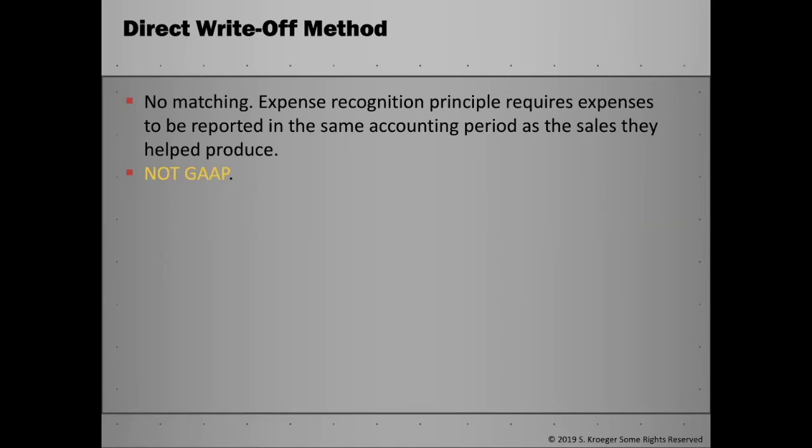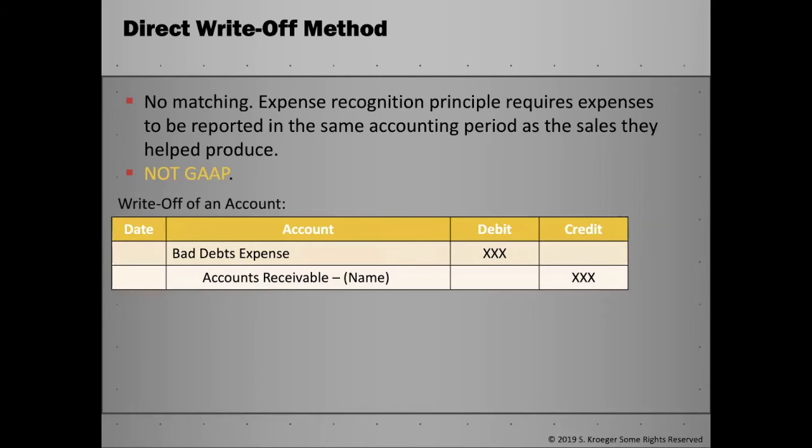I will now show you how to do the journal entries for writing off accounts using the direct write-off method. First is writing off the account. This is when the customer comes in and says, "Hey, I can't pay you." We will expense this amount using bad debt expense, and we will get rid of their account by crediting accounts receivable to show that they no longer owe us money.